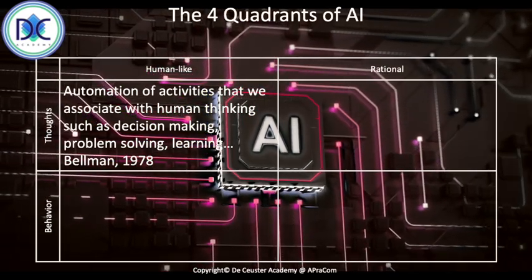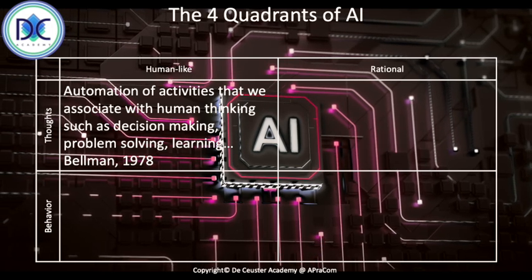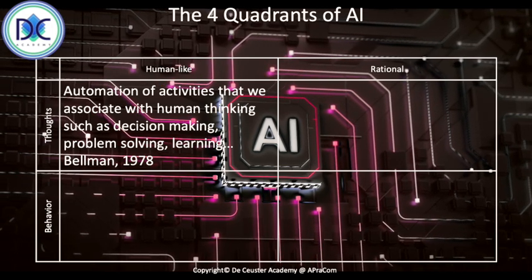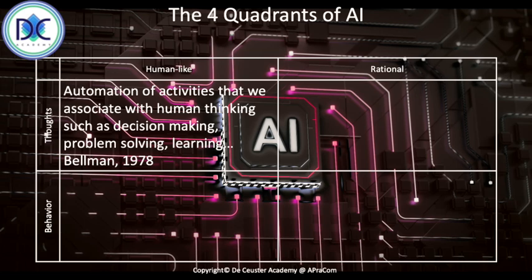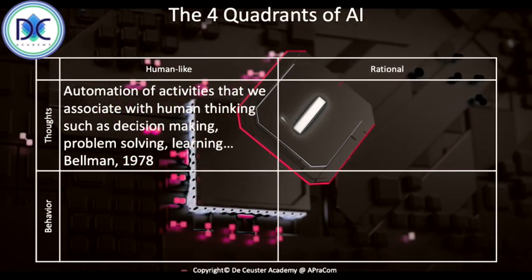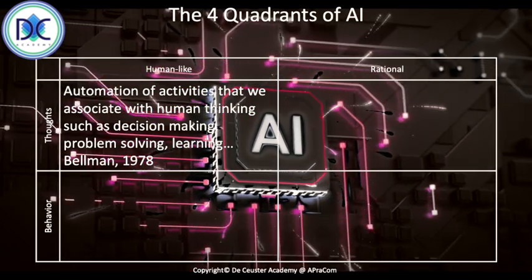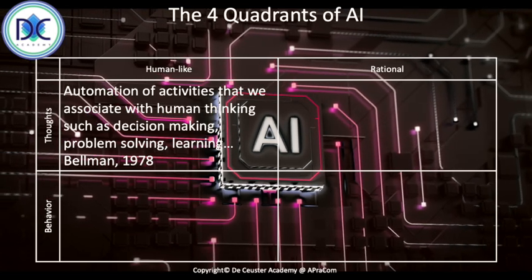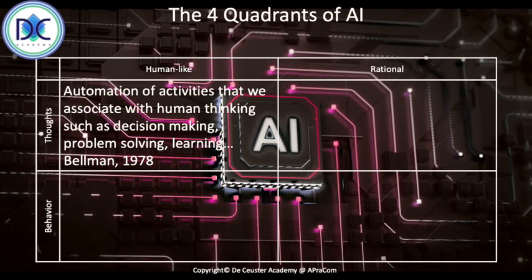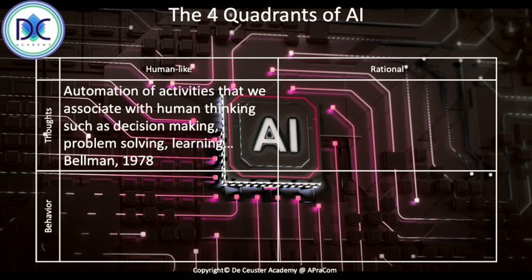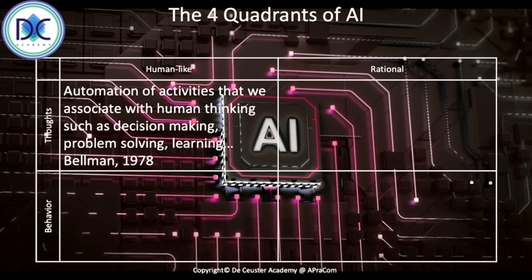So here we're looking at the classical approach that we see, making decisions. We select between different solutions, we solve problems, we try to find ways how to deal with different problems. And of course, the learning aspect of AI is something which is very important.